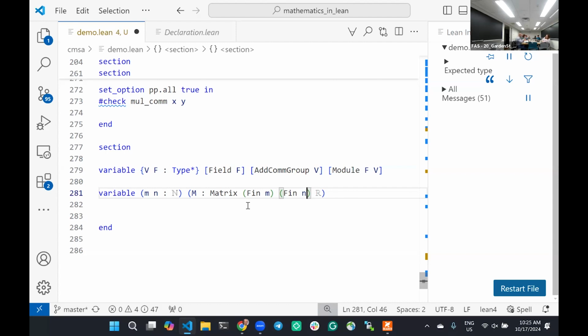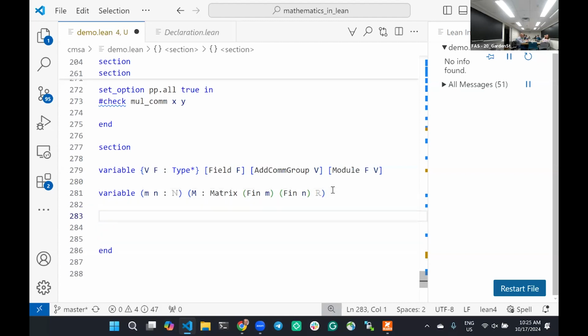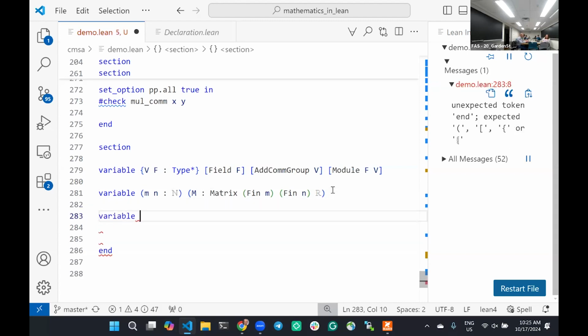If you have arbitrary indexing sets, you can just use the direct sum of the indexing sets to index that, and it just turns out to work better.